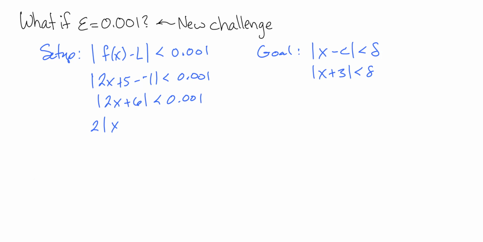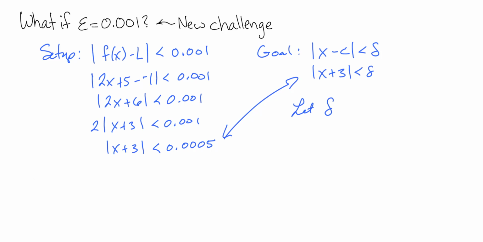We factor out the 2 and divide both sides by 2, and we get the absolute value of x plus 3 is less than 0.0005. Now we have a match. Our setup was reorganized to meet our goal. So we will let delta equal 0.0005, the corresponding delta to an epsilon of 0.001.